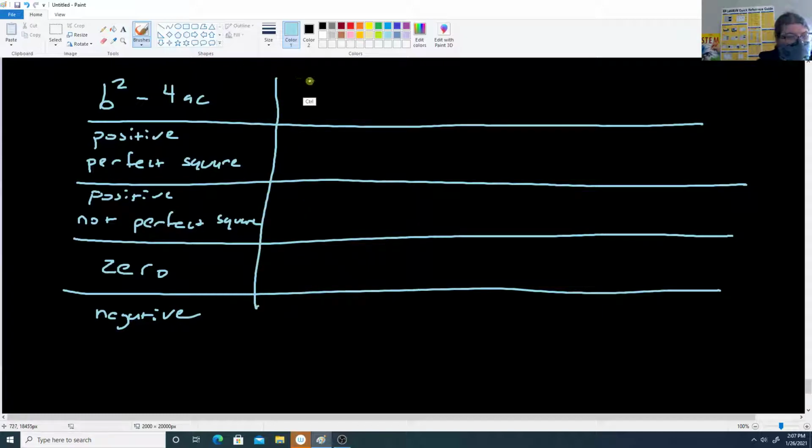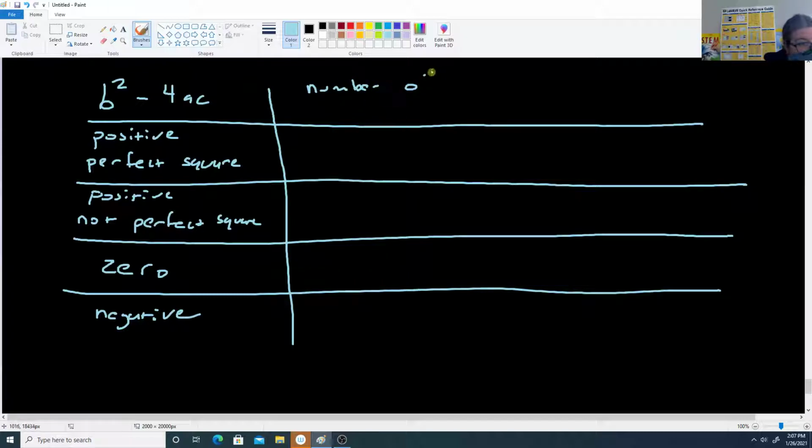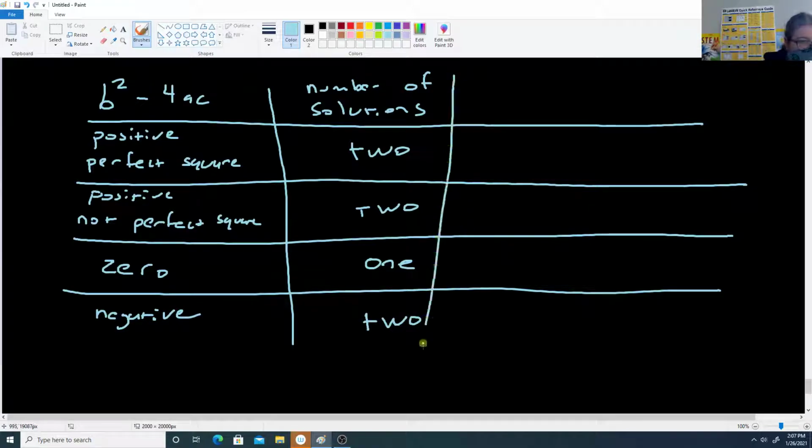So, build our table. First thing here we have is the number of solutions. We get 2 solutions if it's positive and perfect. 2 solutions if it's positive and not perfect. We get 1 solution if it's 0, and 2 solutions if it's negative.